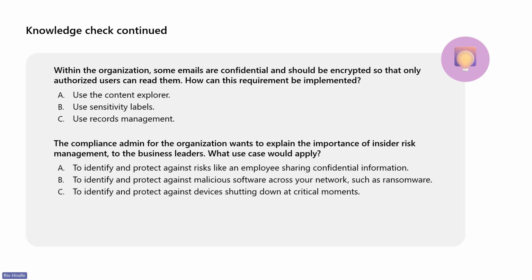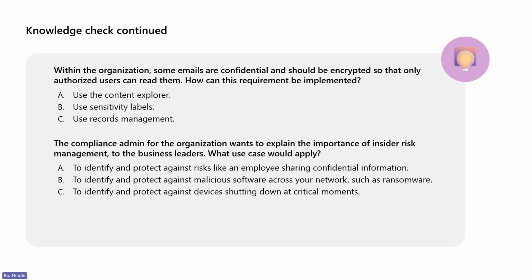Last question. The compliance admin for the organization wants to explain the importance of insider risk management to the business leaders. What use case would apply? Once again, process of elimination, right? Looking at C, to identify and protect against devices shutting down at critical moments. It's nothing to do with insider risk management.